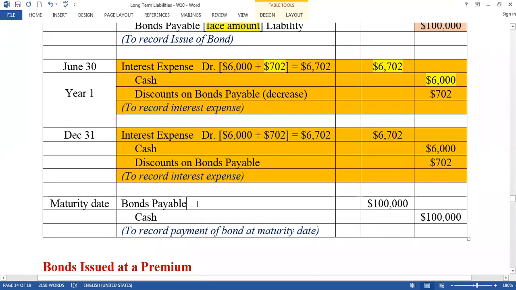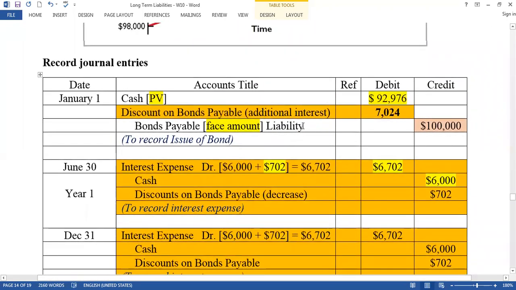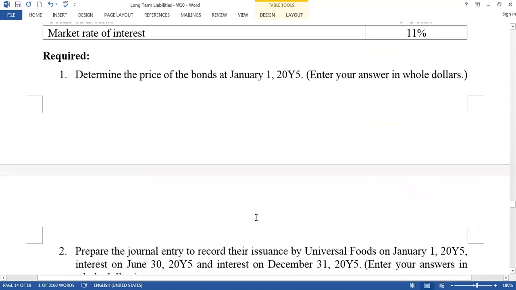Now, when the maturity date came, bonds payable is always the face amount. We always follow the face amount for the maturity of the bond. So bonds payable, liability increase is credit.